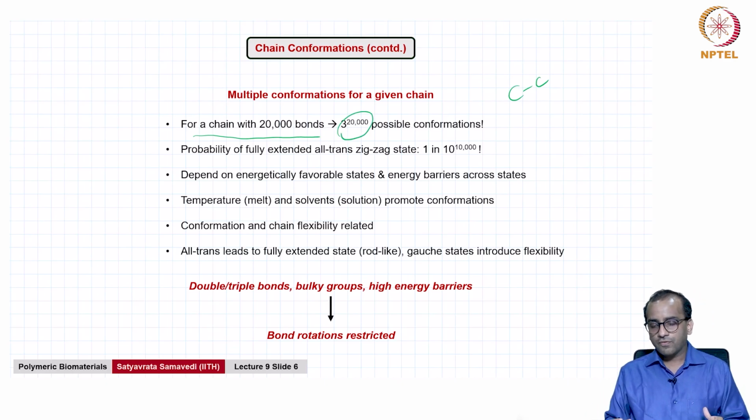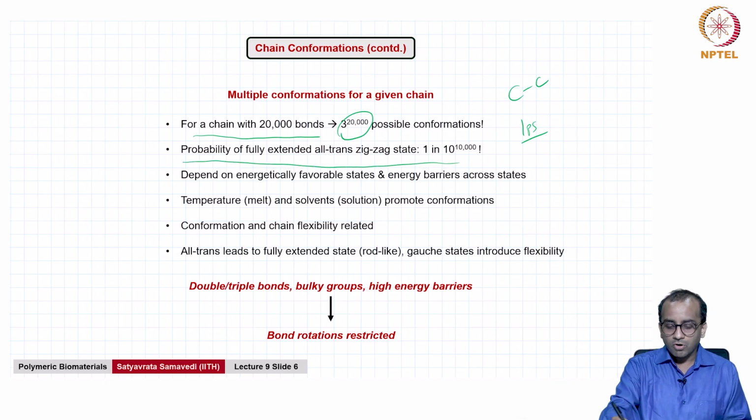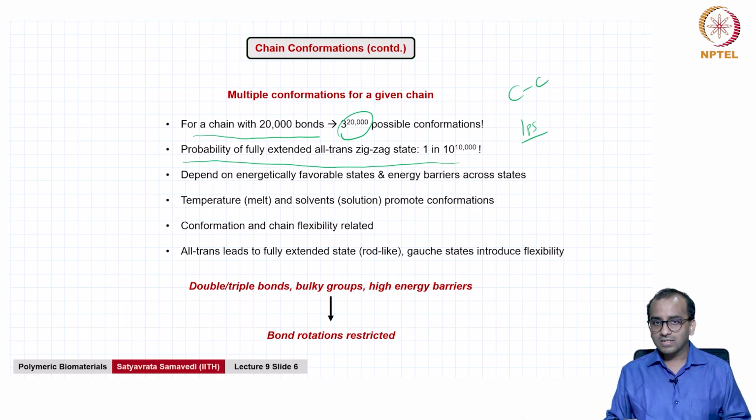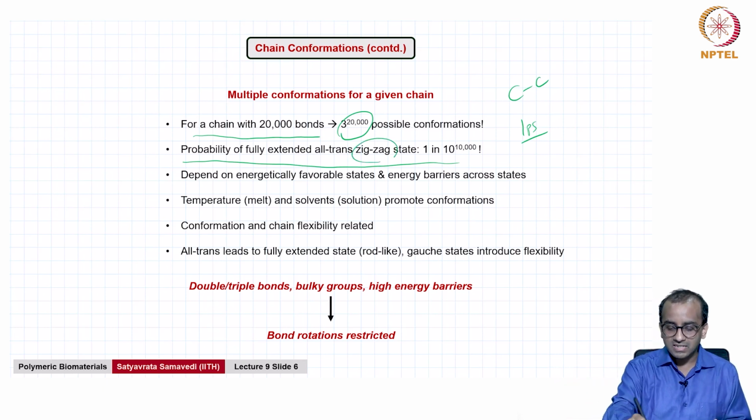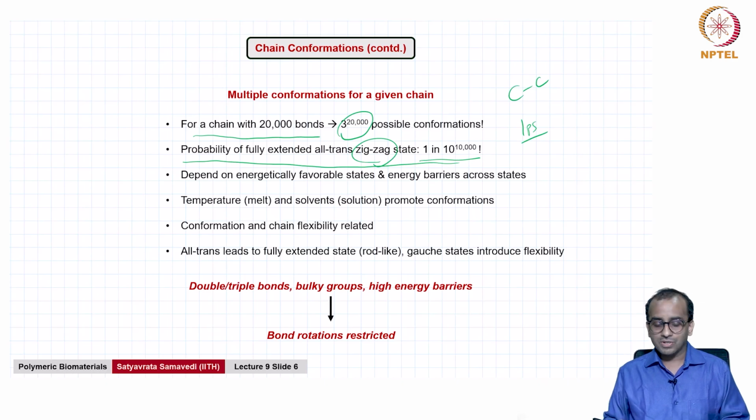Now, as a thought exercise, if you think of this molecule changing conformations every 1 picosecond, you will be shocked at how long it will take for it to sample all the conformations. It will be much larger than the age of the universe itself. So, that should also tell you why the probability of the fully extended all-trans state, where everything is fully stretched out, or the zigzag state, is 1 in 10 to the 10,000.